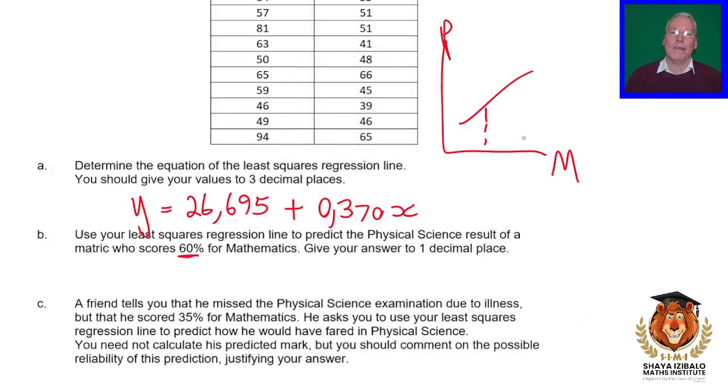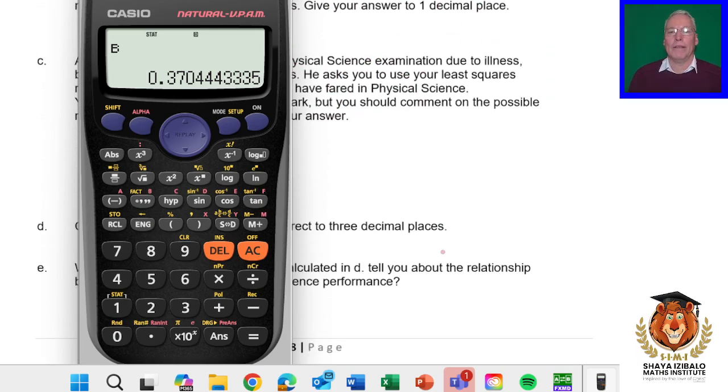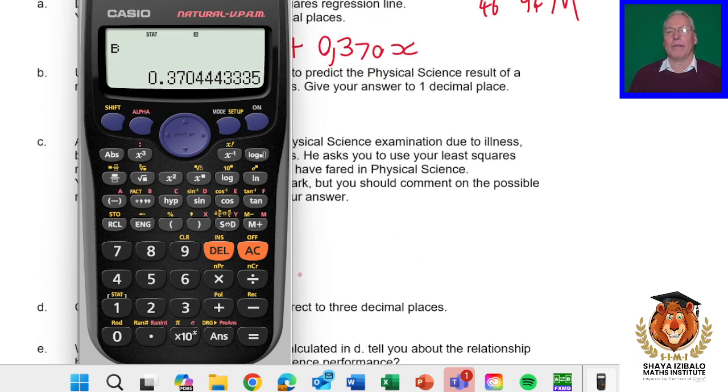So all our data is between 46 and 94. 60 is in there, so it's what we call interpolation. It should be reasonably reliable, depending on the strength of the relationship.